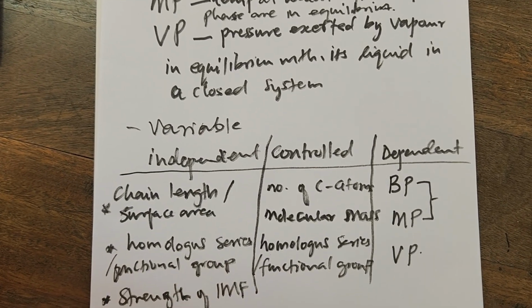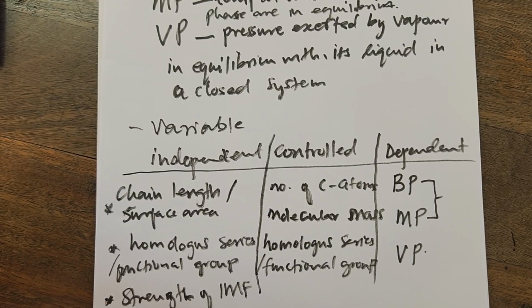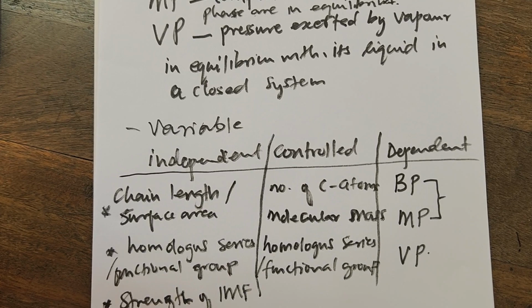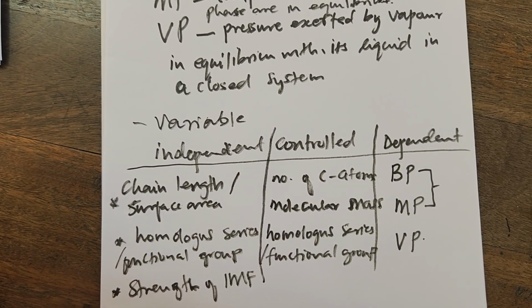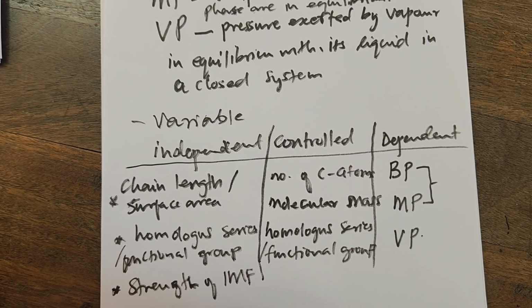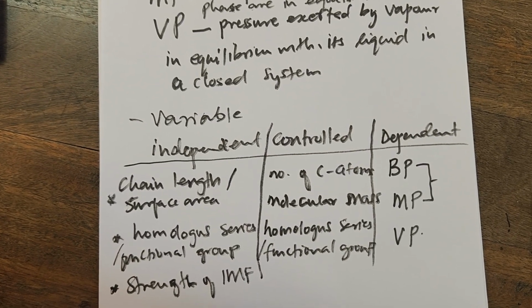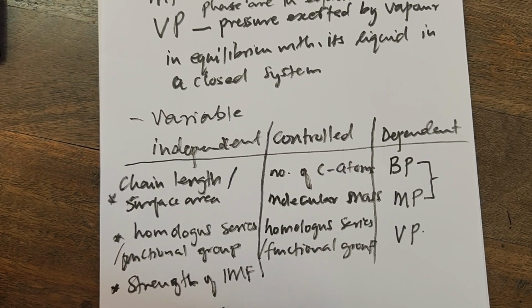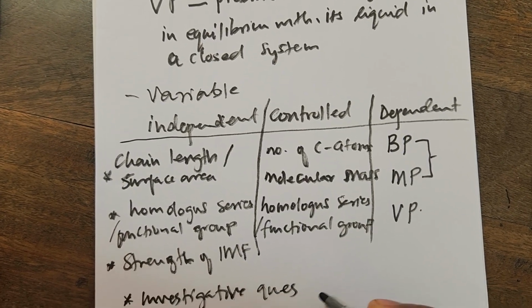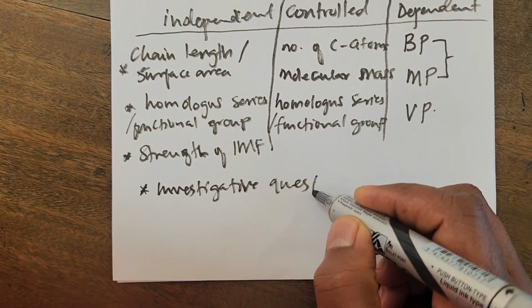And when we continue, you will also be learning that we can use these variables to answer three simple questions. One is the investigative question, which is the simplest one.